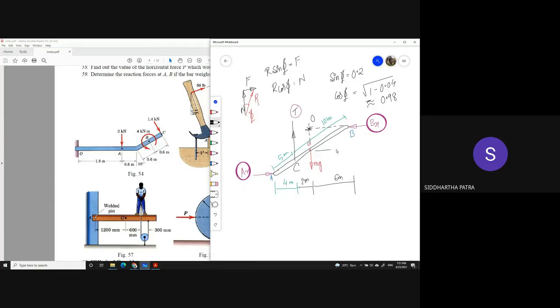And if you are bothered about heights, it's quite obvious that if this is 6, then this much is 4.5, and this is another 4.5. This much is 3.